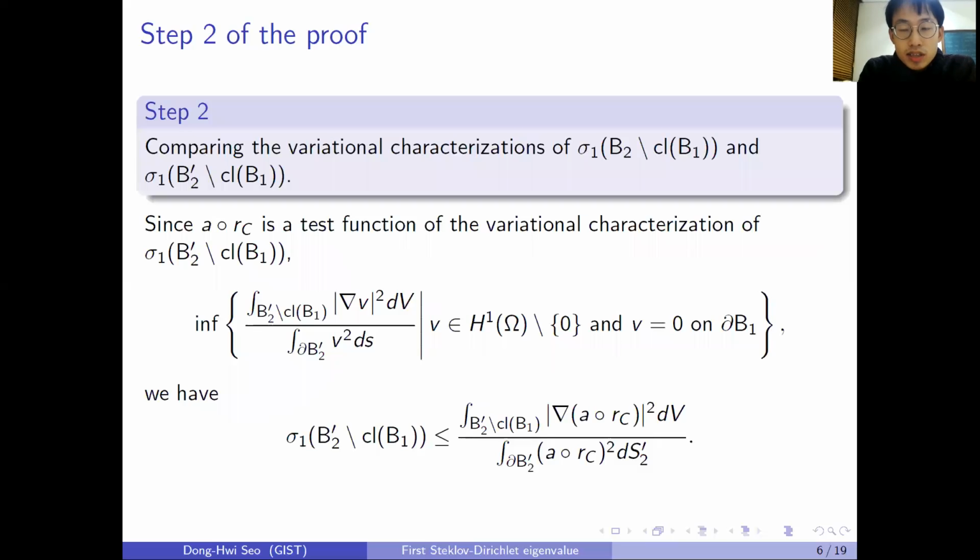Now we use the first eigenfunction in the annulus to estimate the first eigenvalue of an eccentric annulus, which is B2 prime minus the closure of B1. We have a variational characterization of the first eigenvalue of an eccentric annulus, and it is stated as follows.